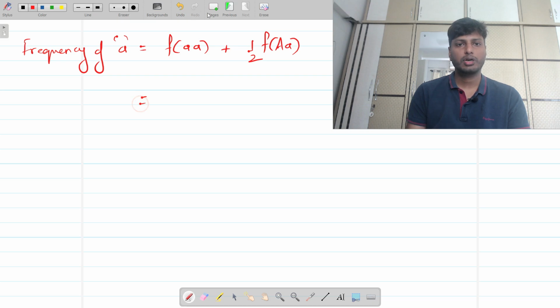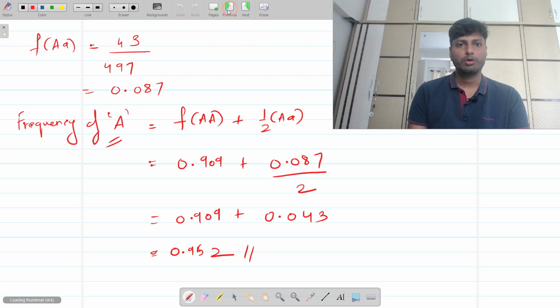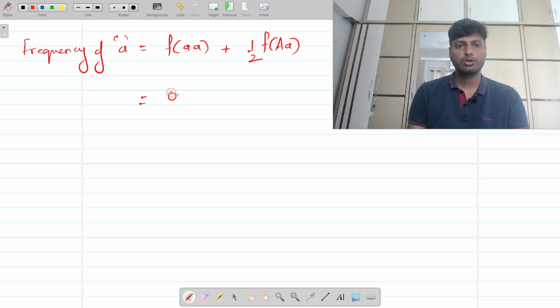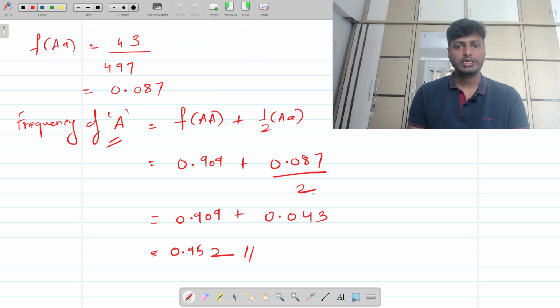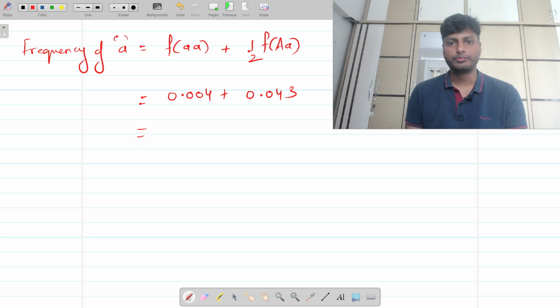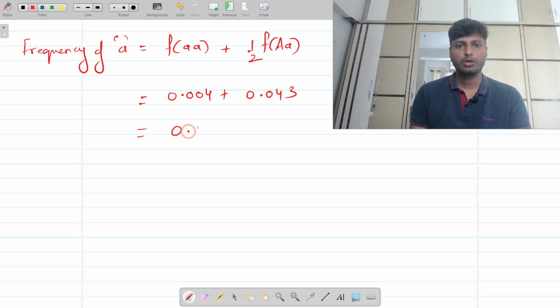So what was the total frequency of homozygous recessive individuals? It was around 0.004. So it will be 0.004 plus half the frequency of heterozygous individuals. We just calculated it, it was around 0.043. So plus 0.043, if we calculate, it will be around 0.047.